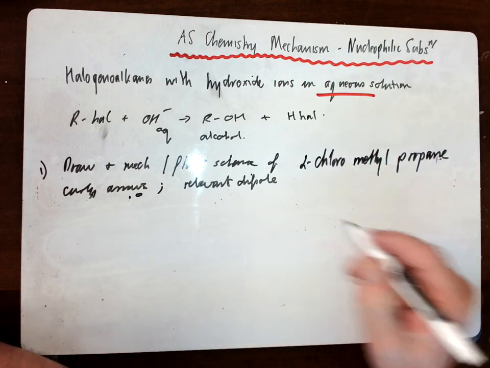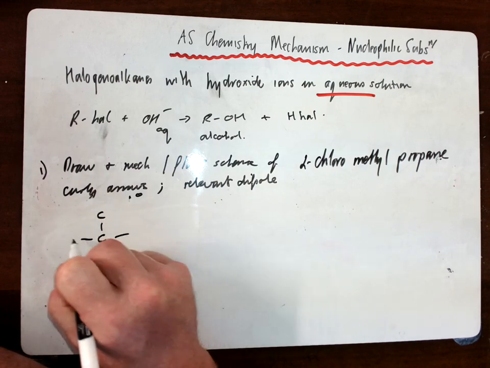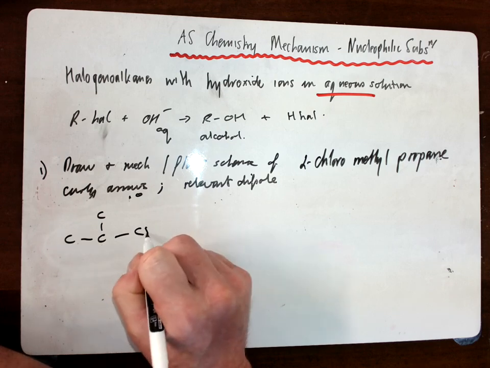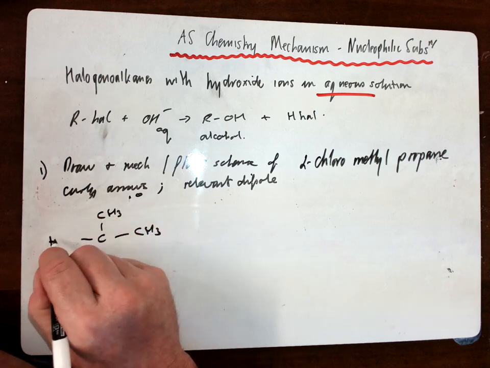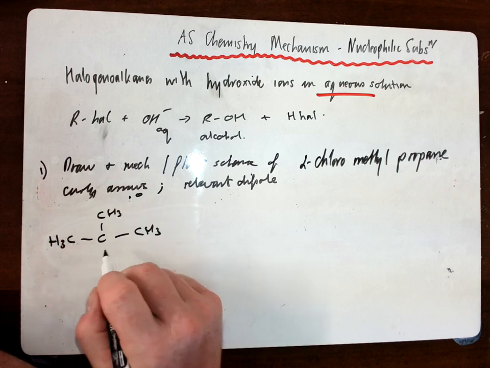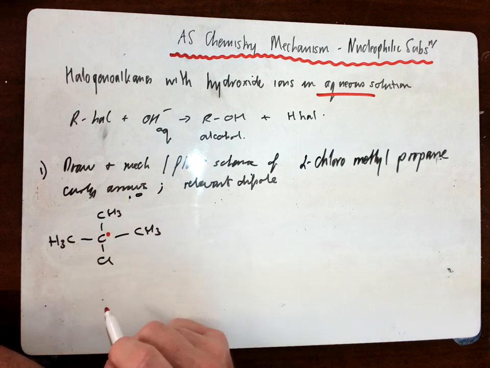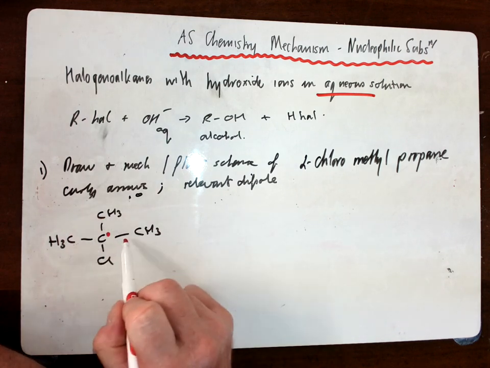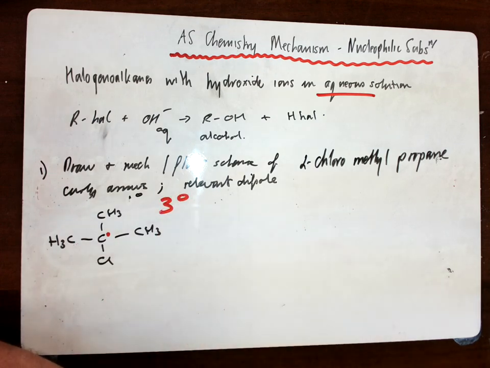Okay, so again, the first thing that you've got to do is to draw this thing out. Okay, those are all CH3 groups, obviously. Okay, and again, we've got to work out, is this primary or is this tertiary? That's my carbon of importance there, and it's attached to no hydrogens or 3 other carbons. So this time we have a tertiary, so it's going to be a slightly different mechanism.